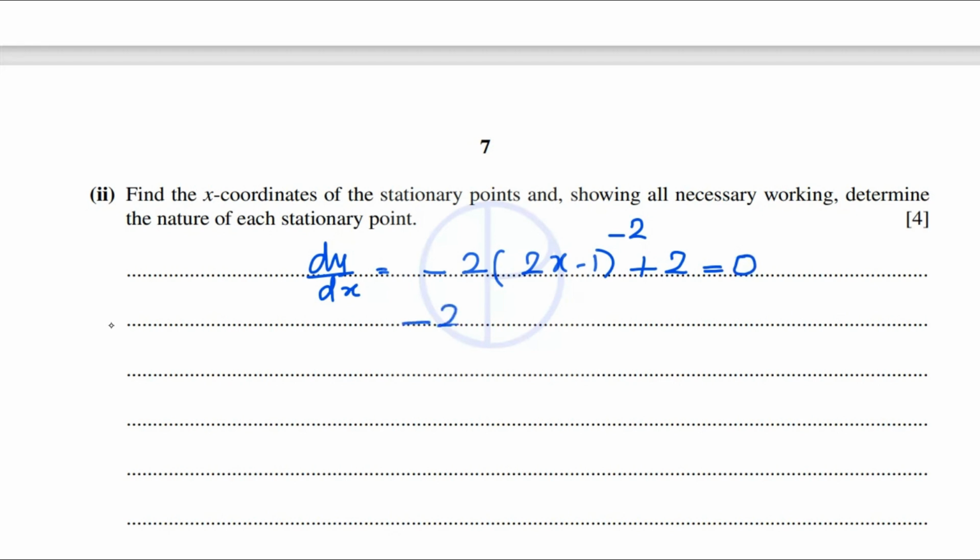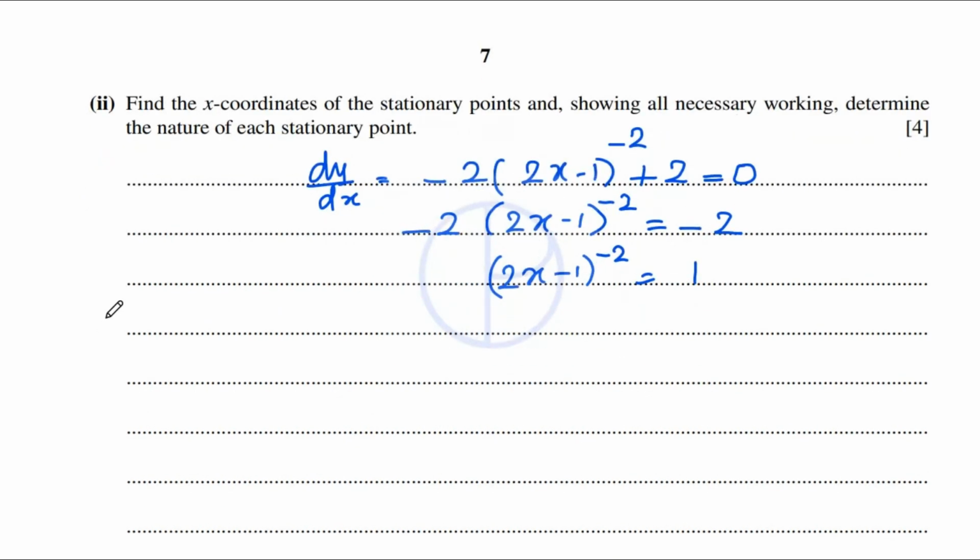So this can be written as negative 2 multiplied by (2x minus 1) to the power negative 2 is equal to negative 2. So divide both sides by negative 2. So you get (2x minus 1) to the power negative 2 equal to 1.